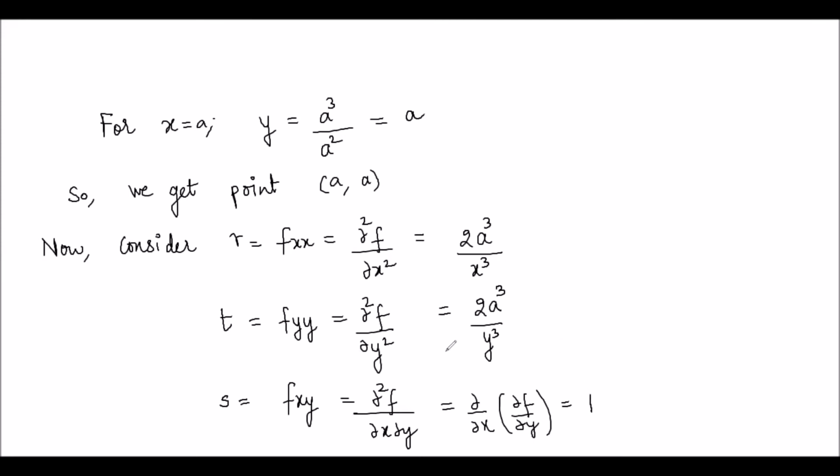Now we have R, T and S. So let us evaluate R, T and S at the point which is ordered pair (a, a). R at the point (a, a) will be 2a cube upon x cube. What is x? X is a. It will reduce to 2.